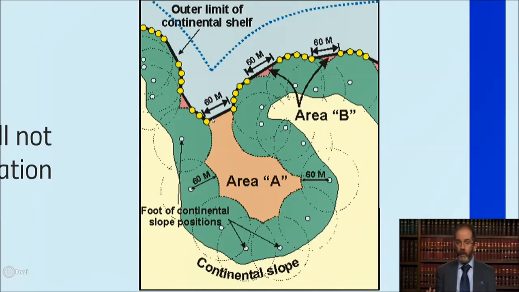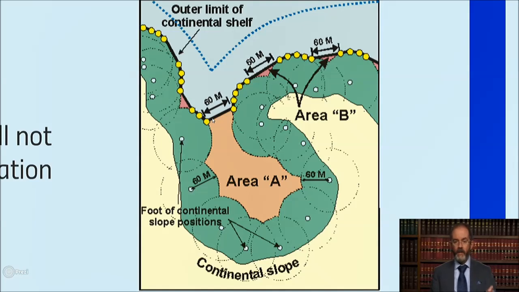As a matter of law, looking at Article 76, this seems to be fine. And it doesn't matter that geologically or geomorphologically this looks like you're enclosing part of the seabed and, as it were, taking something. The rules let you do this, you can do this. The continental shelf is a legal construct, it's not about geological reality.